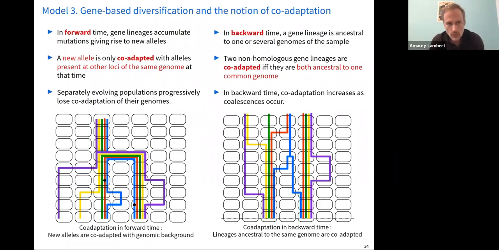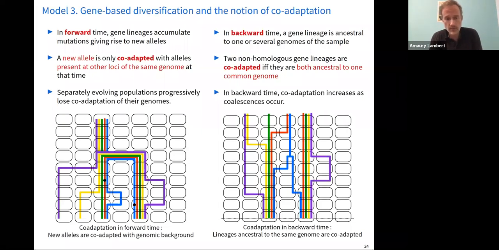So maybe forget about the text. We have two models, one forward in time, one backward in time. And actually, I must say that we have not proved that they are rigorously the dual of each other, but they have similar qualitative behaviors. So in the first model, we have this extinction-recolonization type of events on the left, the forward time model. Here we're keeping track of one genome with several genes embodied by different colors.